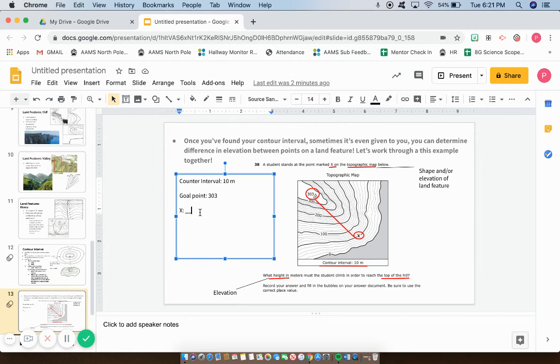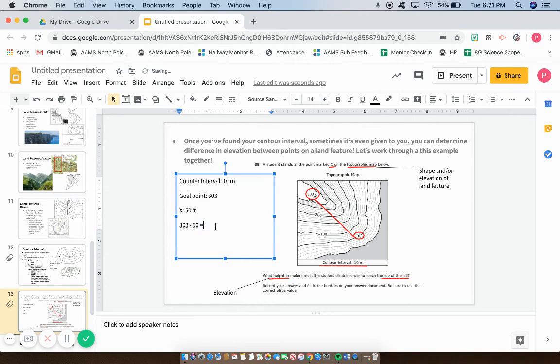So now we know the elevation of point X. It is 50 meters. Now all we need to do is find the difference from our goal point and our starting point. So we'll subtract our two elevations, our goal point of 303 meters minus our starting elevation of 50 meters, which we found out using our contour interval of 10.